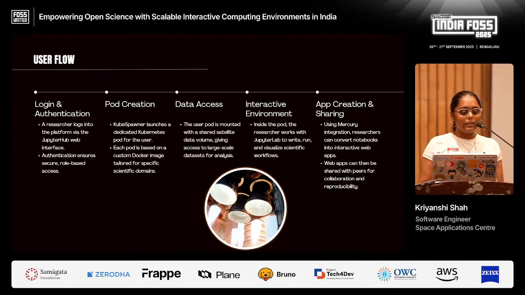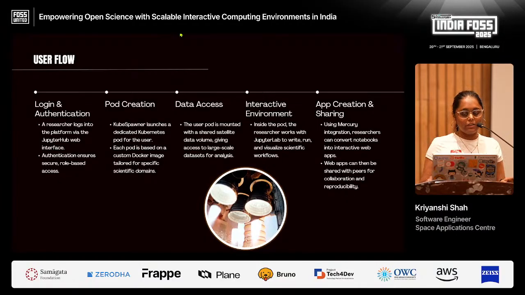So the user flow starts with login authentication. The researcher logs into the platform via the JupyterHub web interface, and authentication ensures secure role-based access. Pod creation: KubeSpawner launches a dedicated Kubernetes pod for the user, based on a custom Docker image tailored for specific scientific domains. For data access, each user pod is mounted with a shared satellite data volume, giving access to large-scale datasets for analysis.